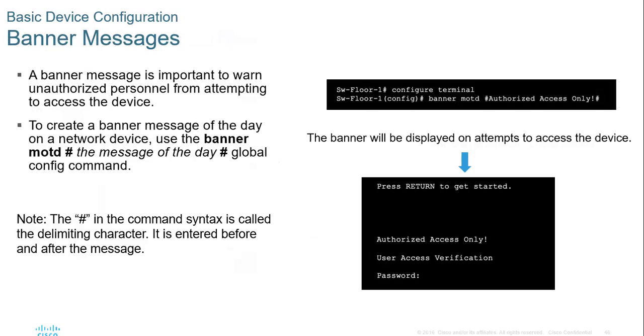Then banner messages. A banner message is important to warn unauthorized personnel from attempting to access the device. To create a banner message of the day on a network device, use the banner motd command in global configuration mode: SW-floor-1 config terminal, SW-floor-1 config banner motd, authorized access only, asterisk.